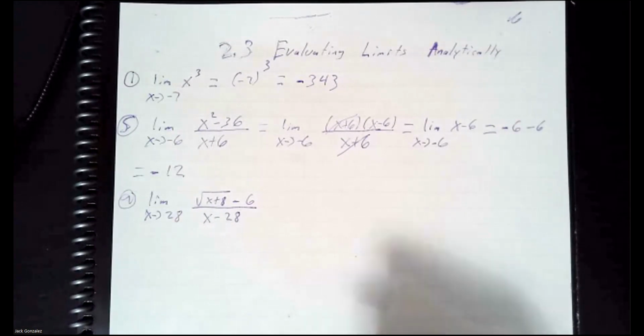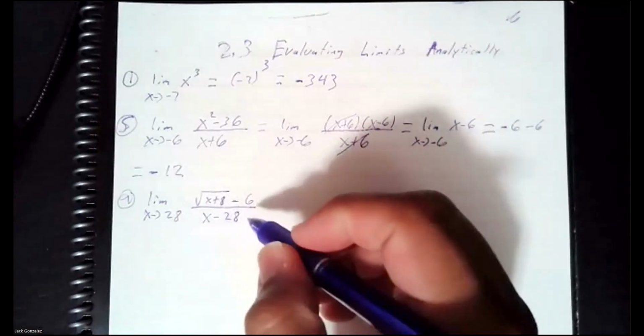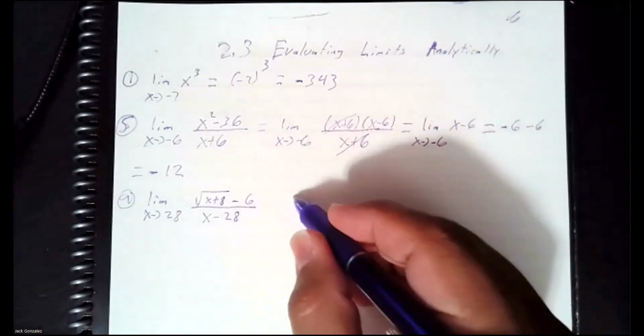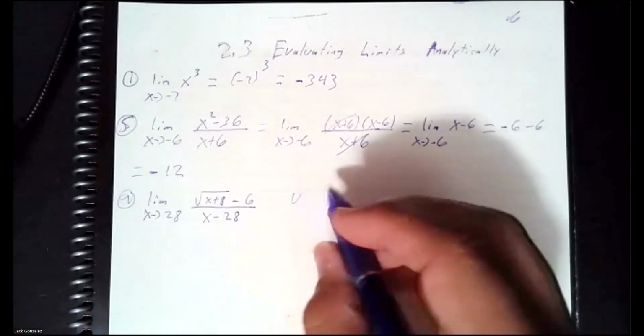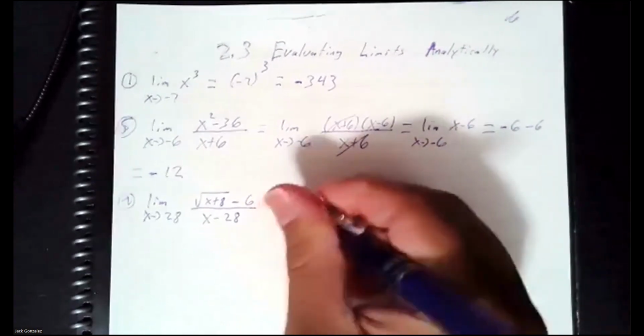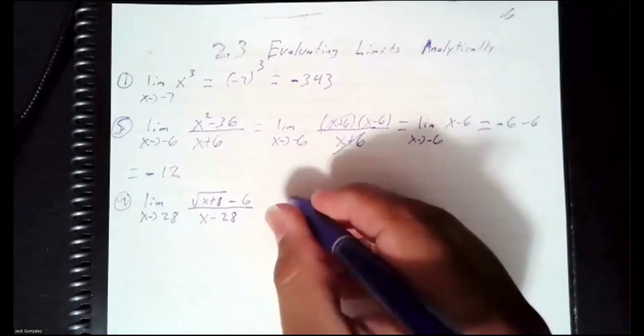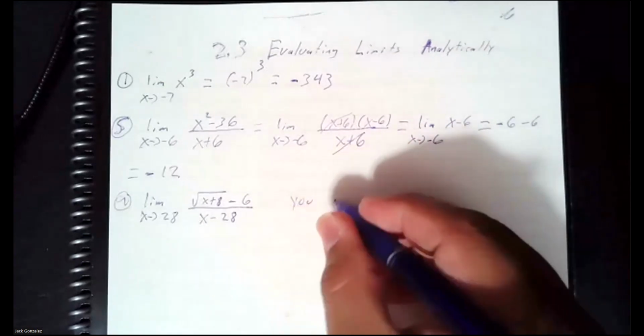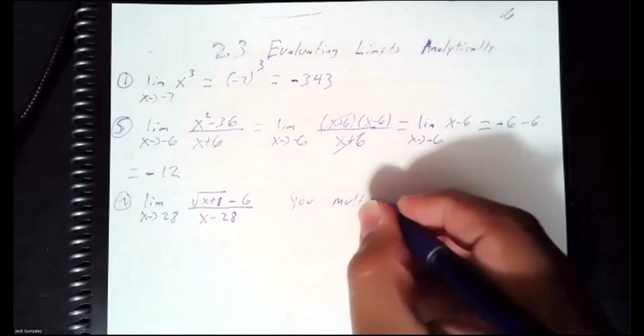So the technique you use for these, whenever you see a square root plus something or minus something, you should multiply by the conjugate.